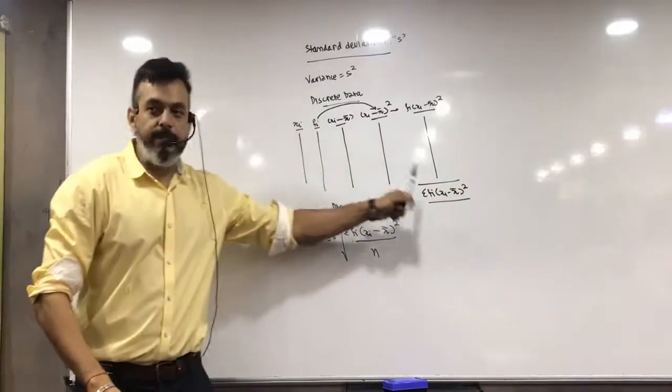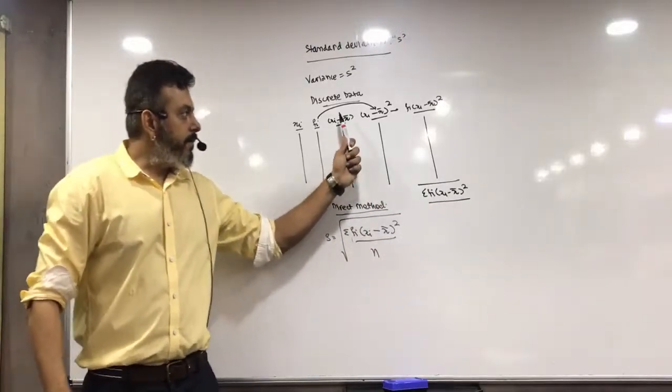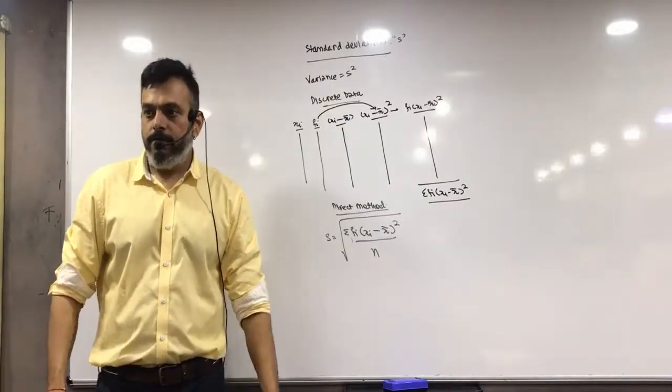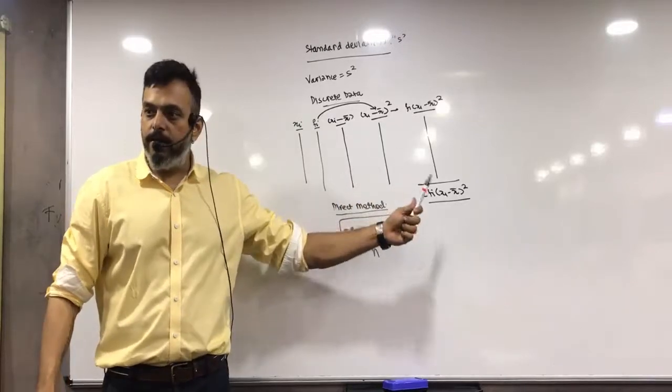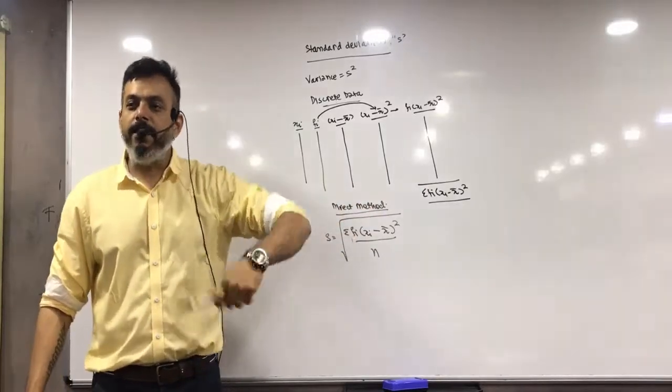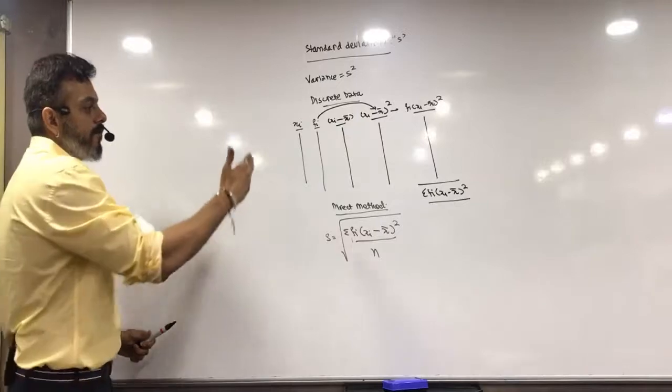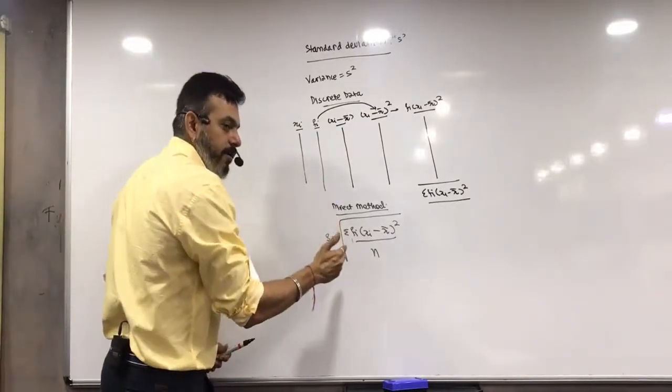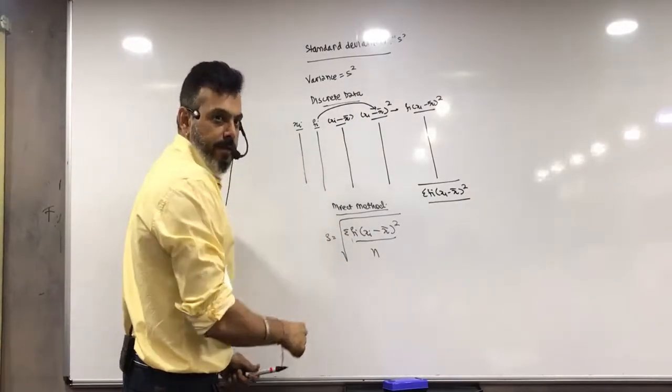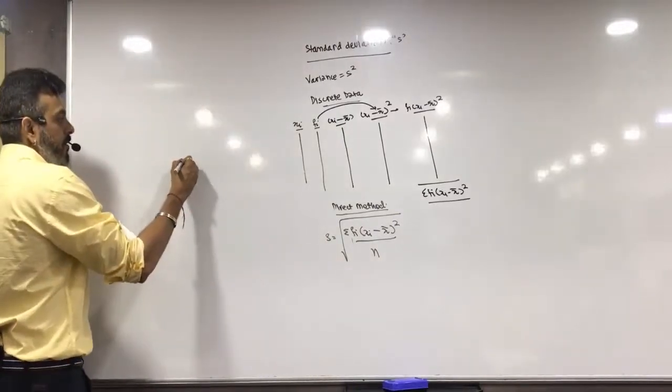Now you can see how lengthy it becomes. Again, if the mean is a fraction, things become very difficult because you will have a decimal, then the square of the decimal. So in case of discrete data, we generally don't use the direct method. We will go for the shortcut method.